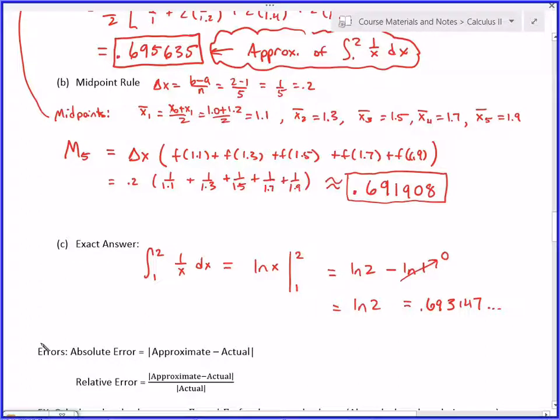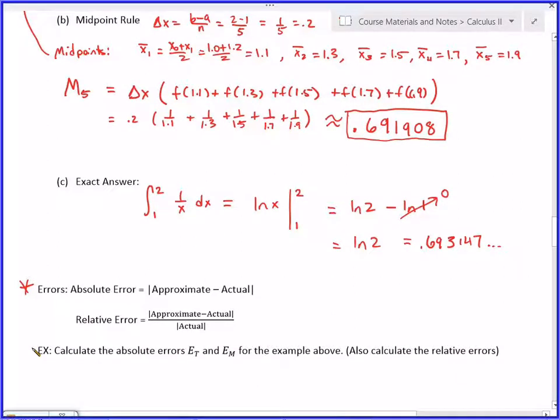I've thrown in a couple of formulas that you've probably seen somewhere before in either math or science courses. The concept of absolute error means take your approximation, subtract your actual value, and take the absolute value of it. I'm going to call this E, or E sub T, E sub M, later on E sub S for Simpson's rule.